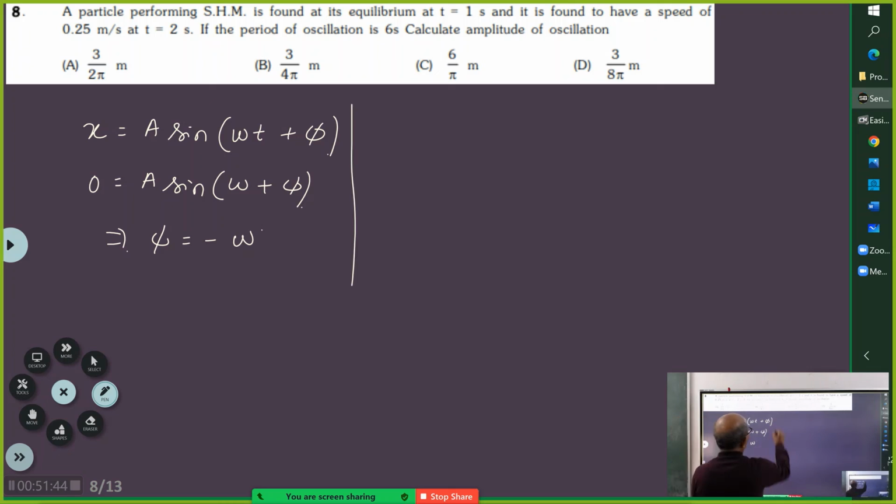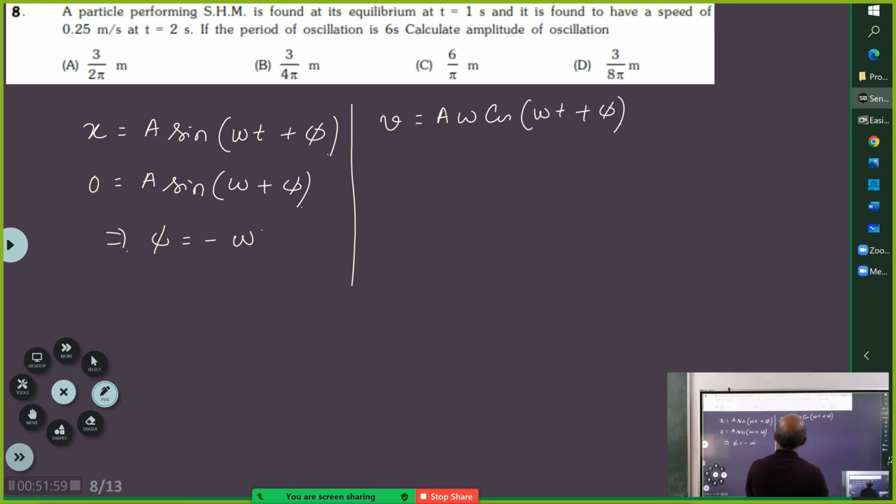So that is the first condition they have given, and then they have spoken about speed. Differentiate this, and you get a omega cos of omega t plus phi. This they have told is 0.25 meters per second, which is 1 by 4.